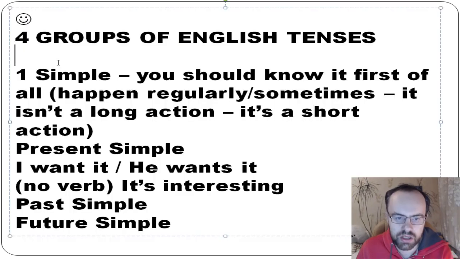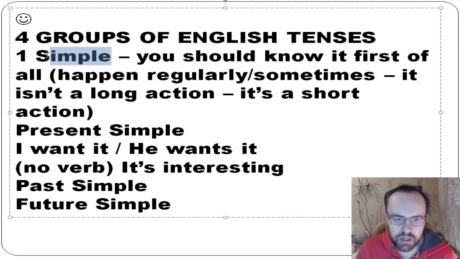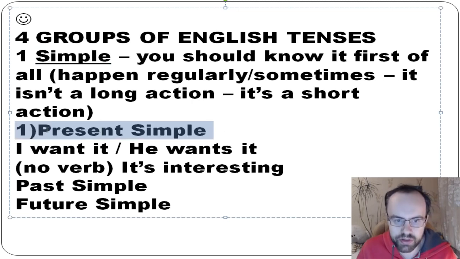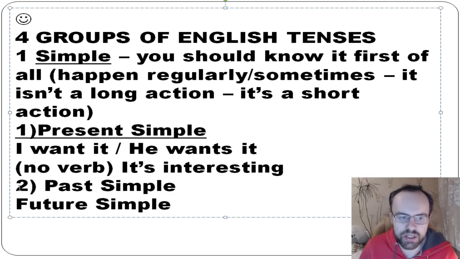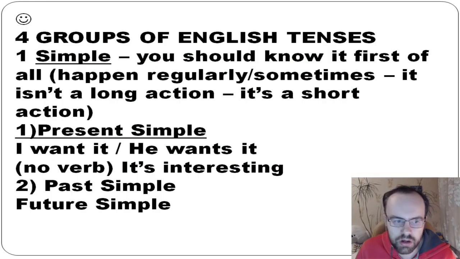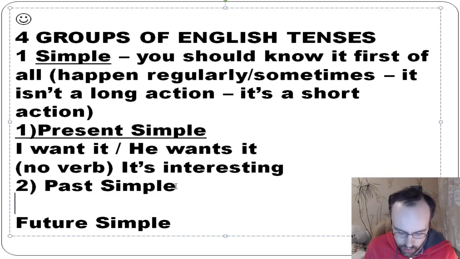Okay, good. So we are talking about this group, simple, and the first tense is present simple. The second tense is past simple. It's a short action in the past, and you need to know the second form. For example, I wanted it.